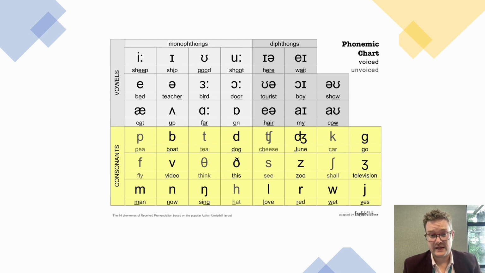So there's actually 44 of these sounds, of these phonemes, that we build English out of. English has an alphabet with 26 letters, but we have 44 sounds that we need to use with them. That's why English spelling gets a bit crazy. Anyway, this chart here, the consonants would be the same as the ones I always use.